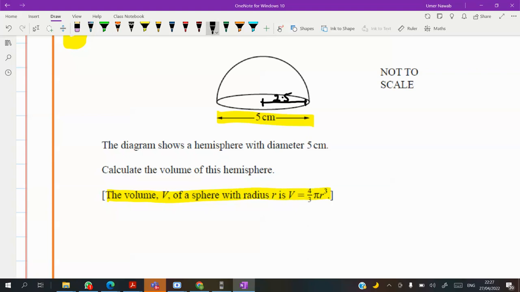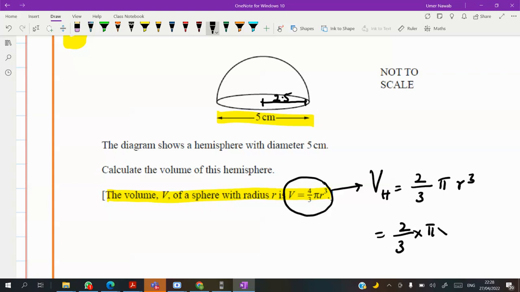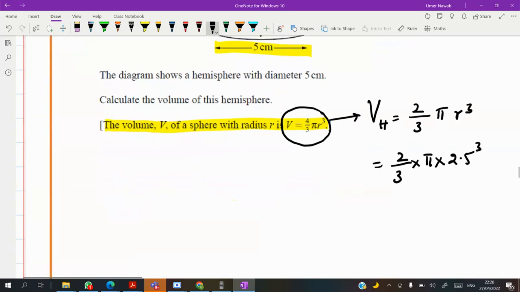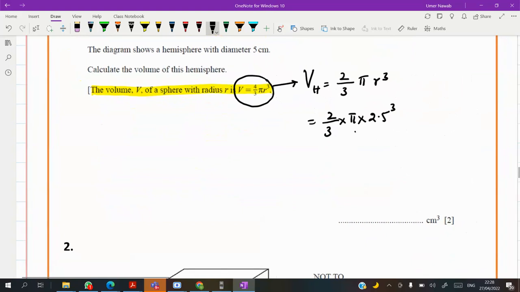So can we just quickly write from here the volume of a hemisphere, which is 2 over 3 pi r cubed. So 2 over 3 pi, and the radius is already given to us, 2.5 to the power 3. Then easily we can calculate the volume of a hemisphere.